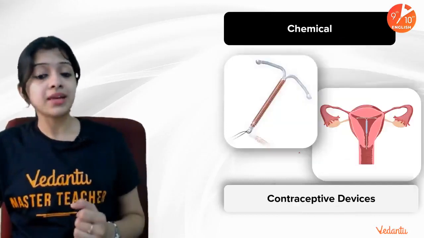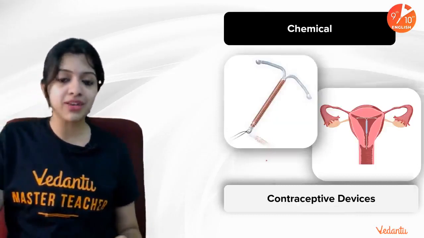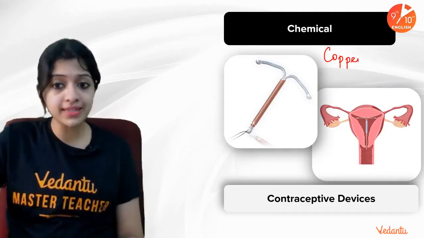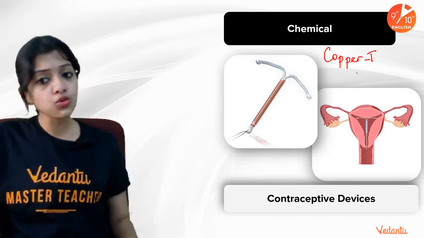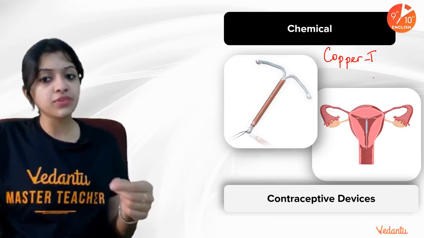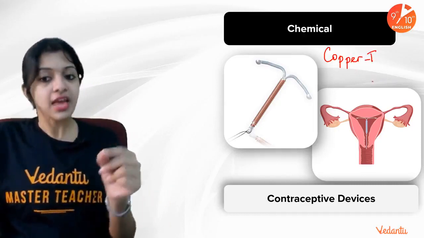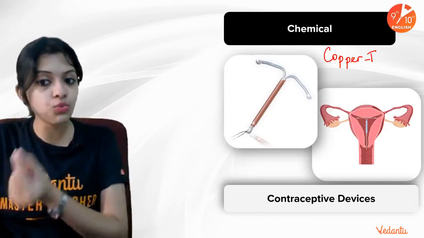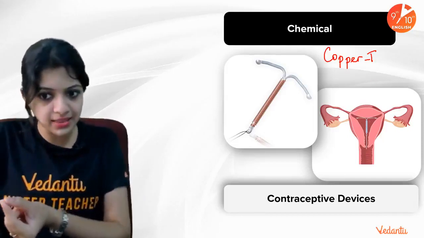And another chemical method is the use of contraceptive devices. The most commonly used contraceptive device is called the copper T, which cannot be used by an individual herself. This is a tiny T-shaped device which a medical practitioner can fit inside the woman's uterus, as you see in this picture here.